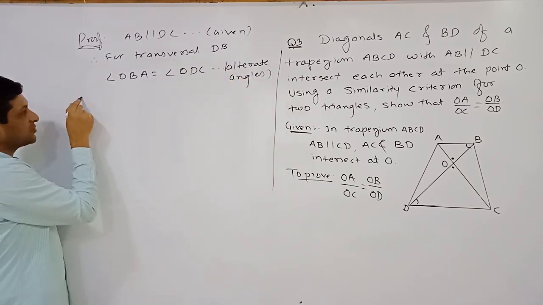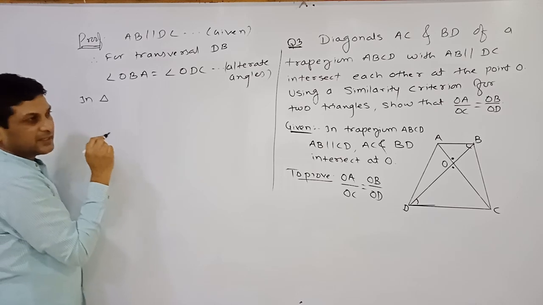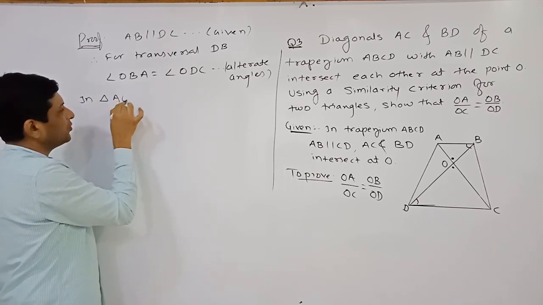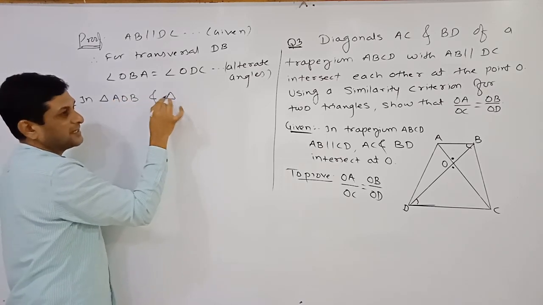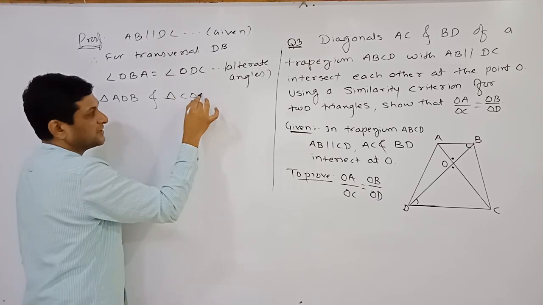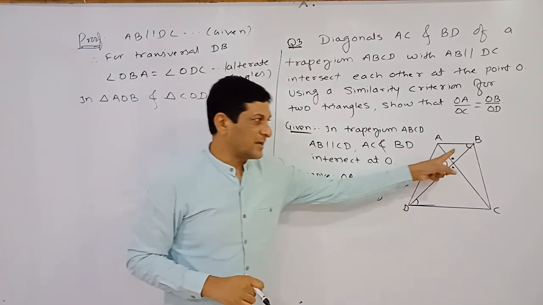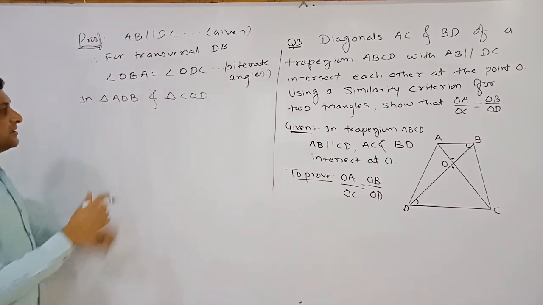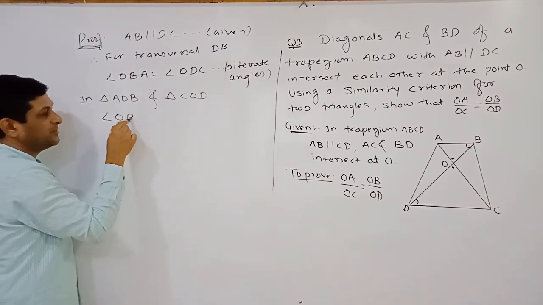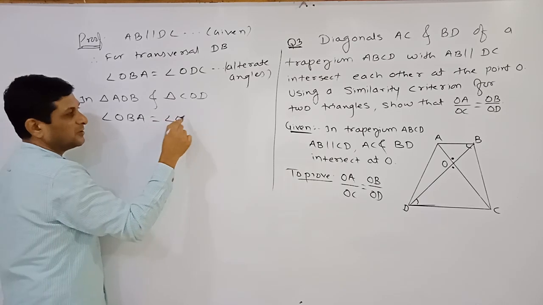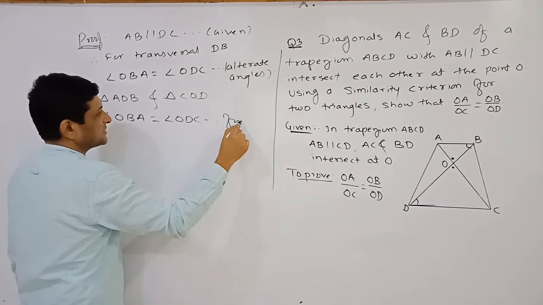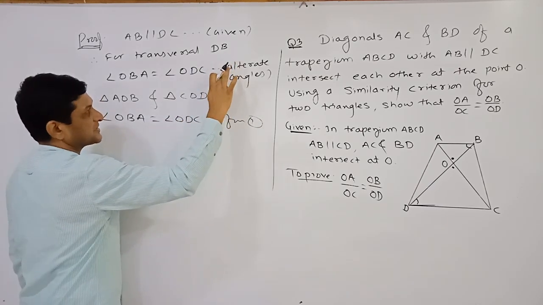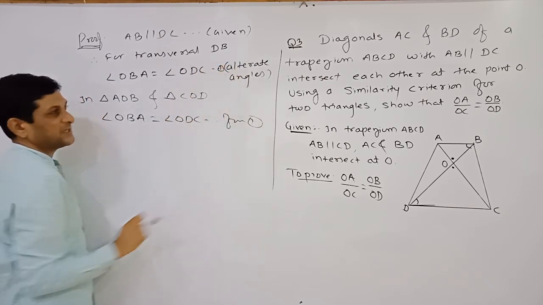Now we are considering two triangles: triangle AOB and triangle COD. Now we are trying to show that these two triangles are similar. From equation number first, we can say that angle OBA is equal to angle ODC. Let us denote it by equation number first.